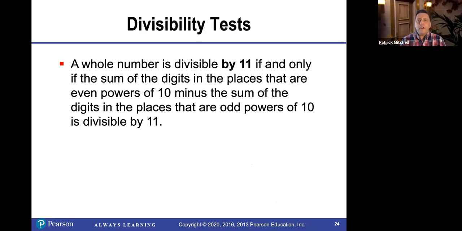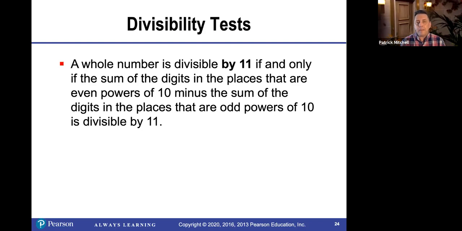A whole number is divisible by 11 if and only if the sum of the digits in the places that are even powers of 10 minus the sum of the digits in the places that are odd powers of 10 is divisible by 11. So I'm going to put this a lot more simply for you.